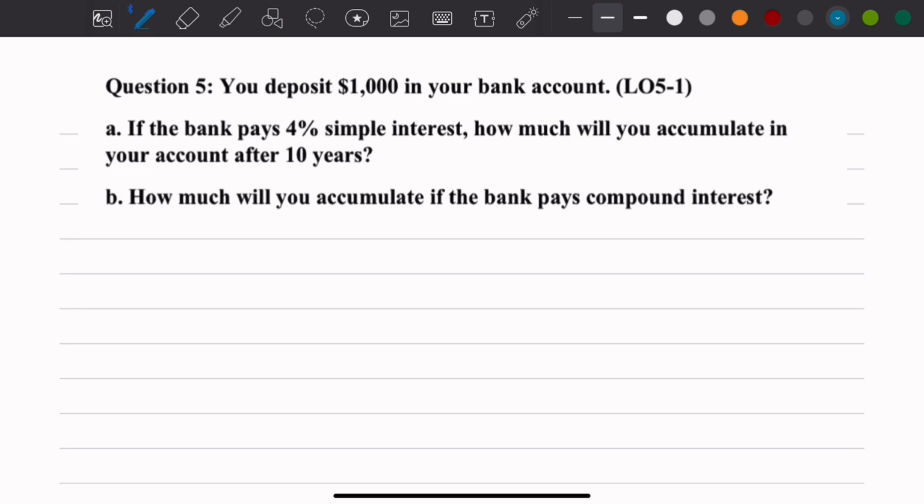So that means that for a $1,000 deposit, generating 4% a year, it will generate $40 per year. And if we multiply that by the number of years, that will be 40 multiplied by 10, that's 400. Okay, so let's put it in a simple formula.